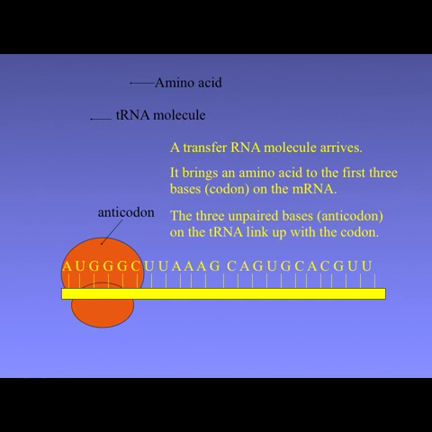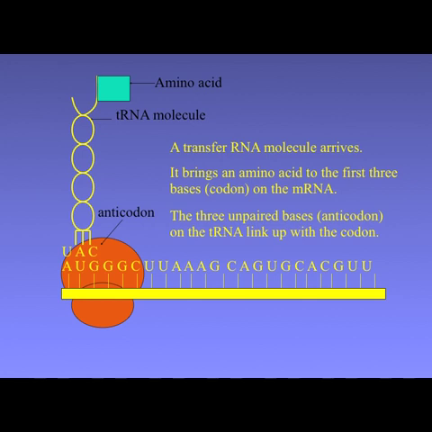The transfer RNA molecule arrives. It brings amino acids to the first three bases, the codon on the messenger RNA. The first three unpaired bases, the anticodon in the transfer RNA, link up with the codon. So here we go. The transfer RNA comes in and parks in the only place it could.